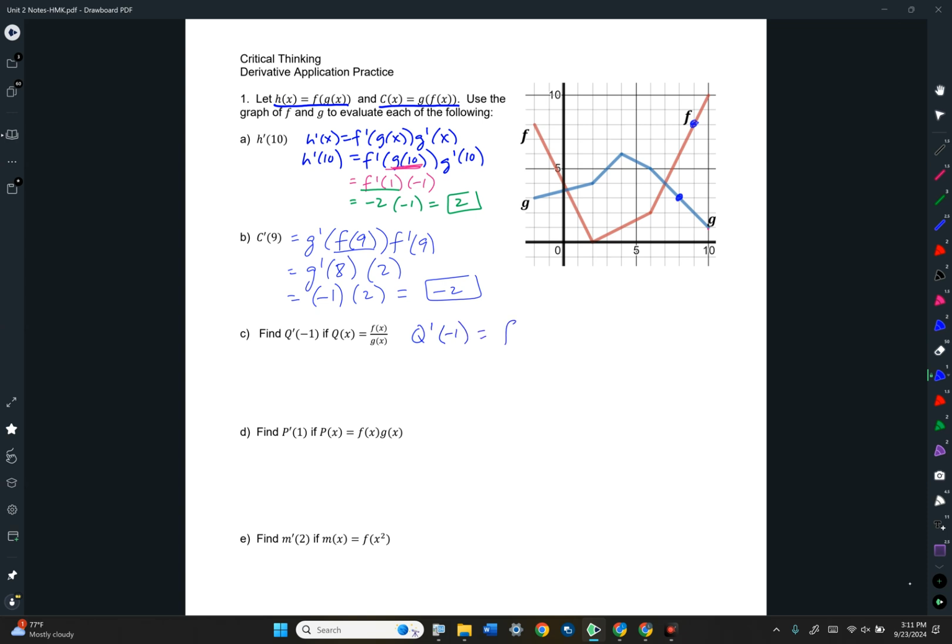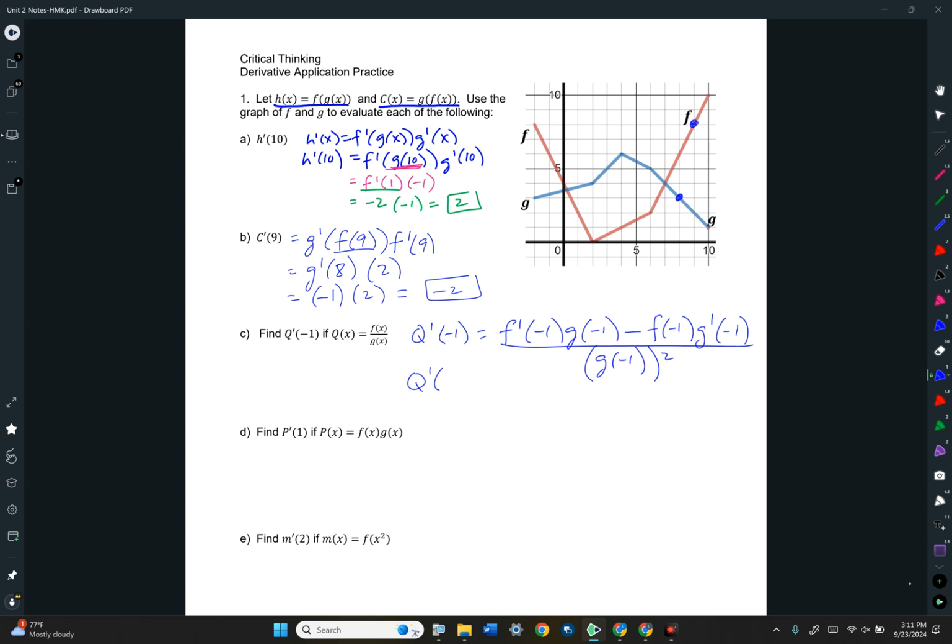So it's going to be the derivative of the top at -1 times the bottom, minus the top times the derivative of the bottom at negative 1, all over the denominator at negative 1 squared. I like at a minimum to do that part of the setup. You may remember in class the other day, I told you guys this is the minimum first step for this type of problem. And now we're going to just fill everything in.